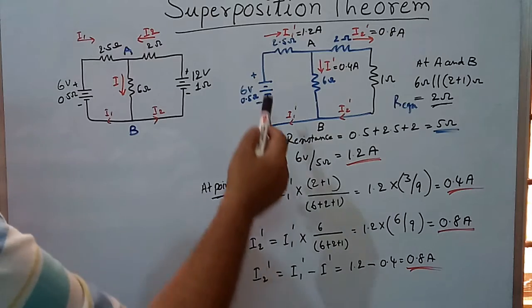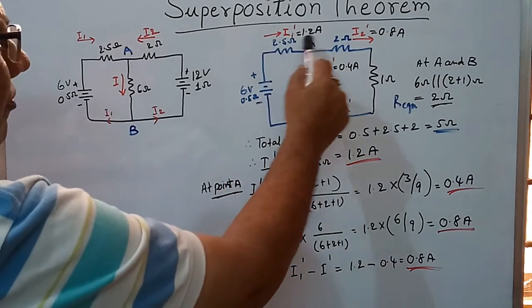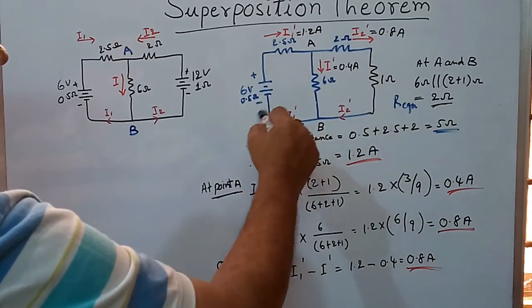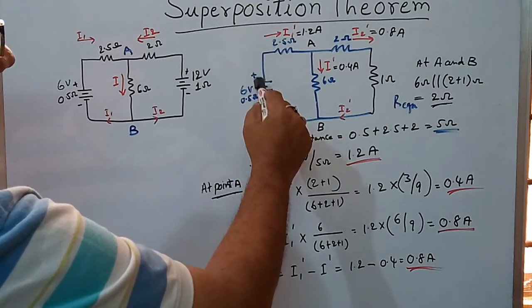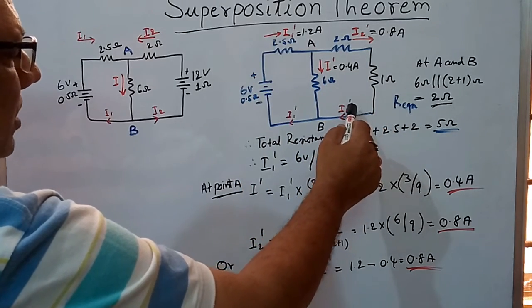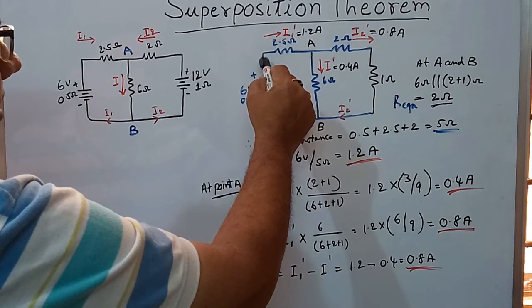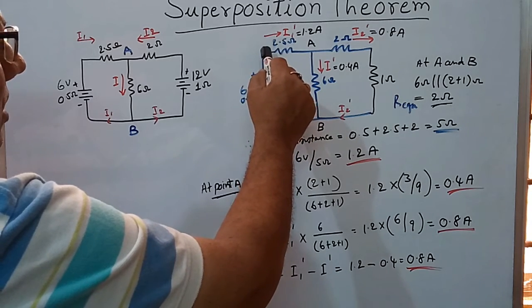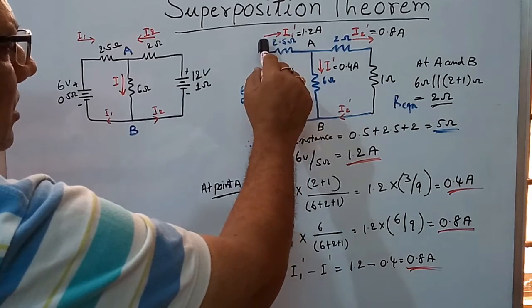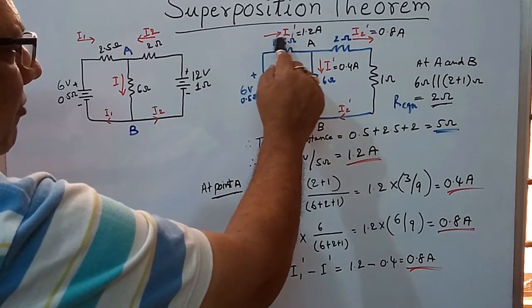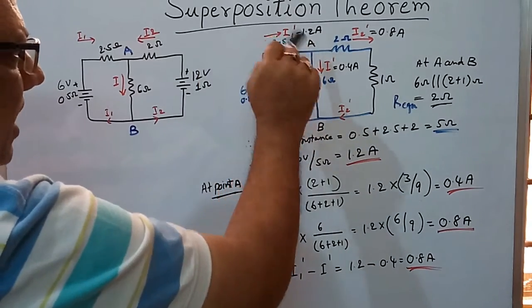And here note the direction of currents. Because the 6 volt EMF is acting on this network, the current would be leaving the EMF source into the network, thereby the arrow shown for I1 dash is towards the right.